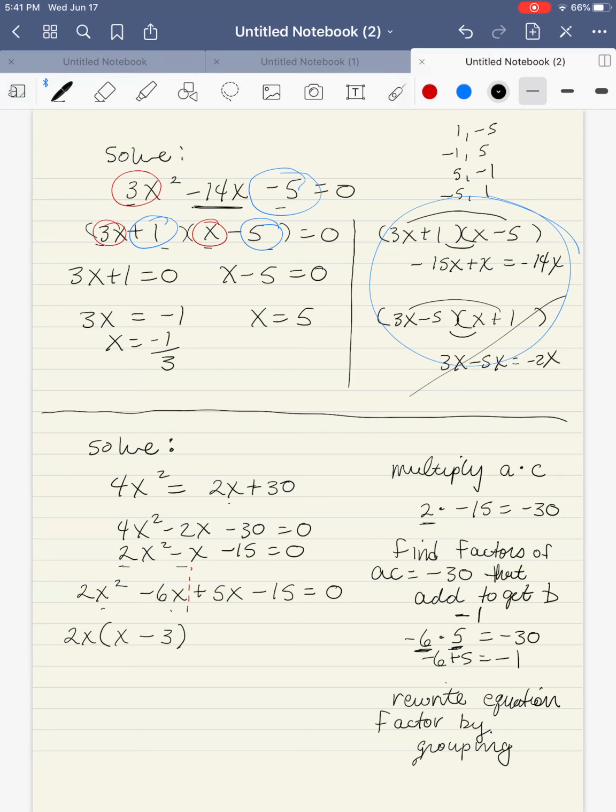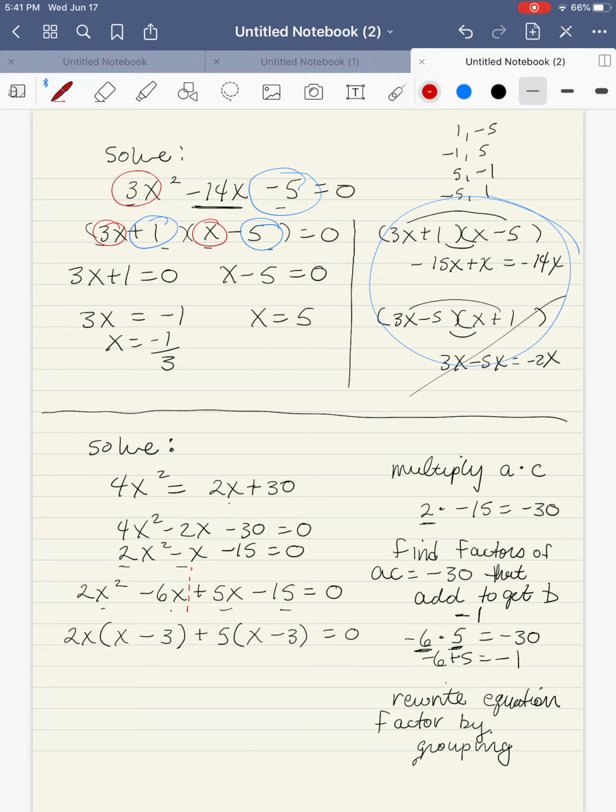If we divide out a 2x from -6x, we get -3. Then we look at our second two terms, 5x and -15, and we want to divide out the largest possible thing that we can here, and in this case that's +5. And when we divide a 5 out of 5x, we get x. When we divide a 5 out of -15, we get -3. And this is still equal to 0.